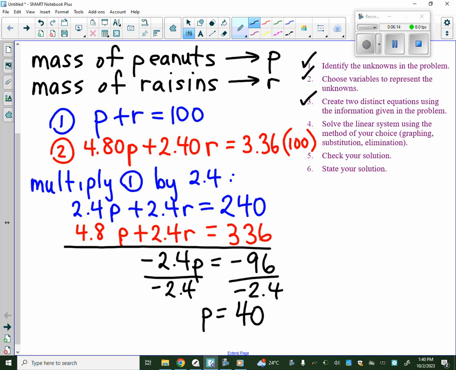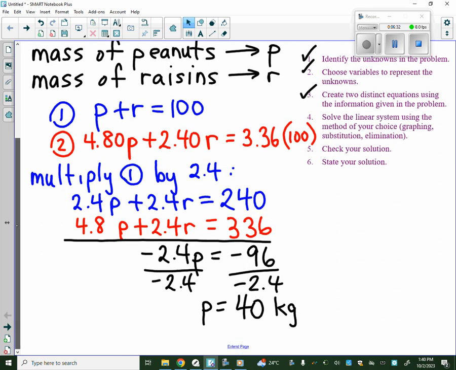So what does that mean? Well, p represented the mass of peanuts. So there should be 40 kilograms of peanuts in this mixture. Certainly seems reasonable. The answer should definitely be somewhere between 0 and 100, so 40 could totally be right.